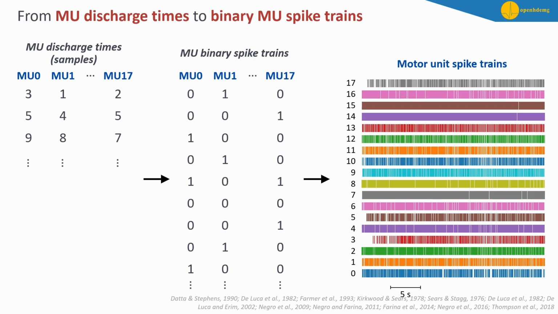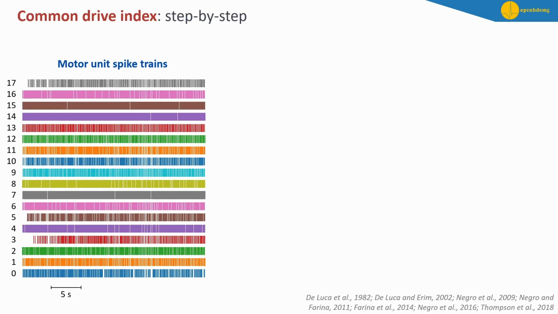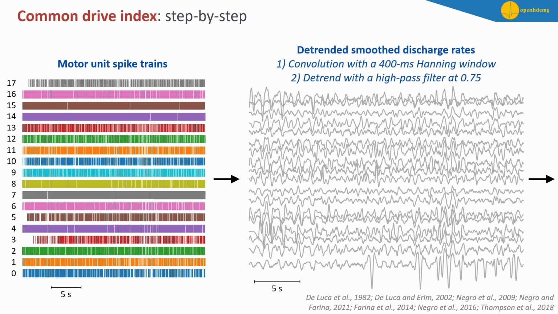So I will cover here first the steps to calculate the so-called common drive index that, as Francesco covered, was developed in 1982 by De Luca and colleagues in a seminal work. The steps are basically: we take the spike trains, and the first stage is to smooth them by a convolution.